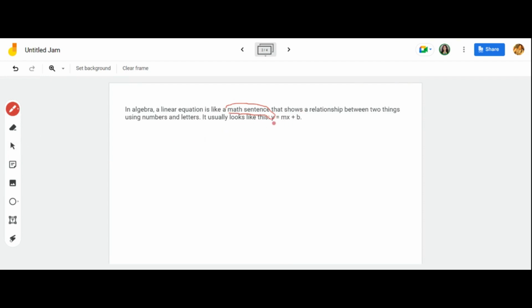So it usually looks like this: y equals mx plus b. Let's try to give you an example. So let's say our y would be 13, and then we have here 3x plus 1.